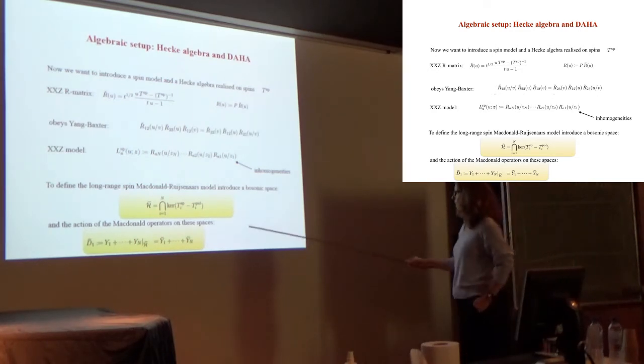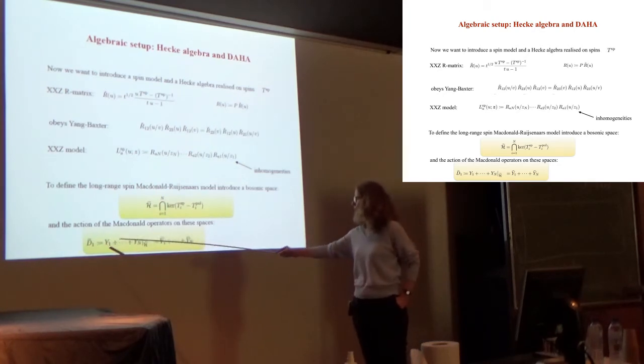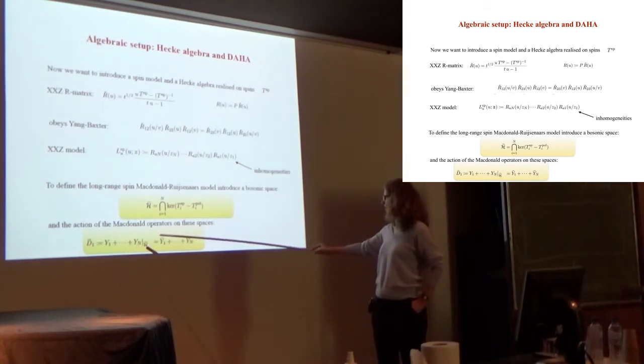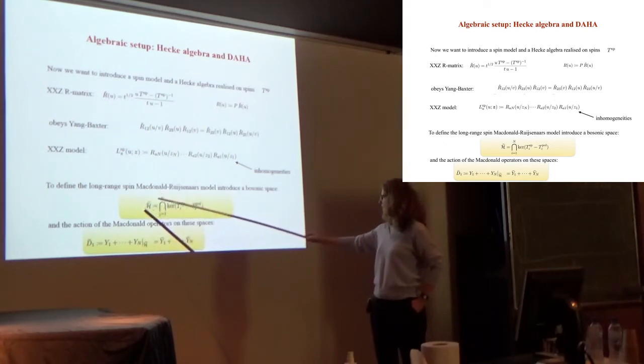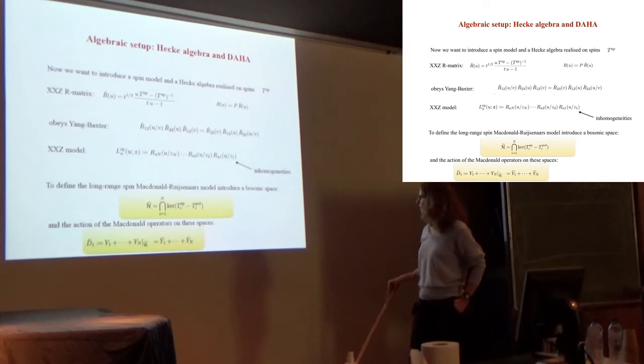And on this, now one takes these Y operators, which I defined earlier depending only on the coordinates, and I act with them on this subspace of the total space.